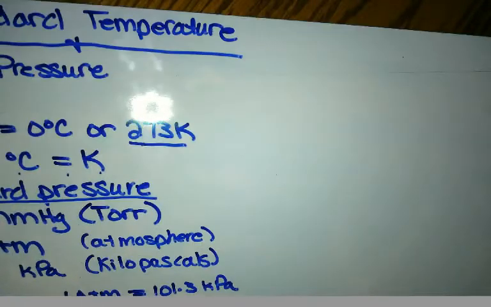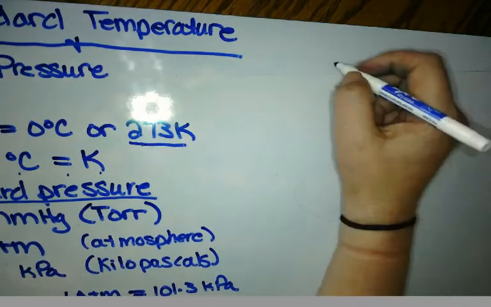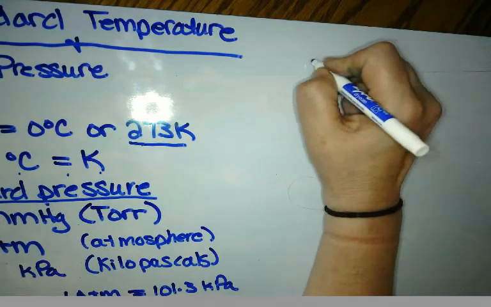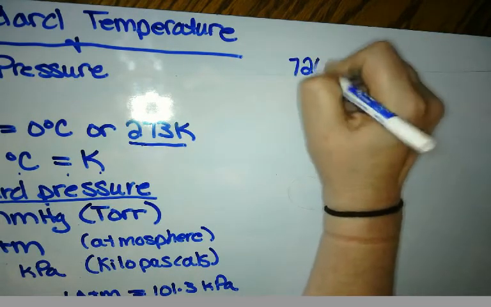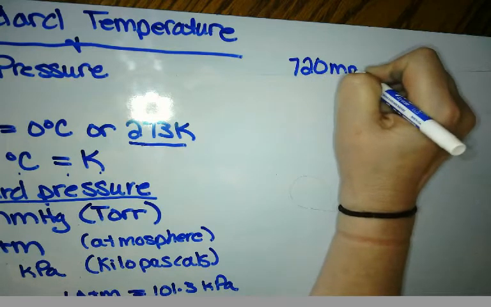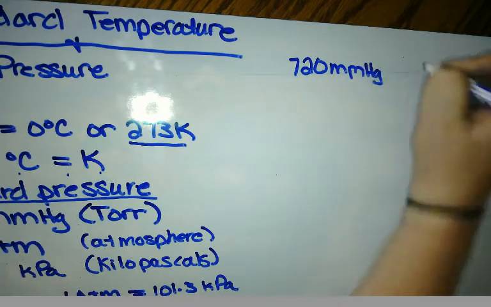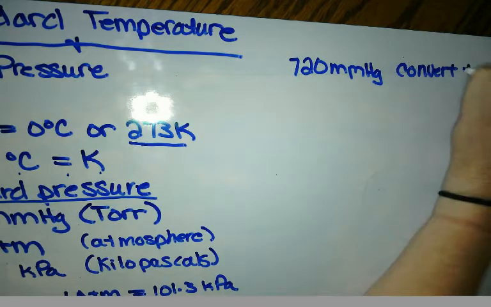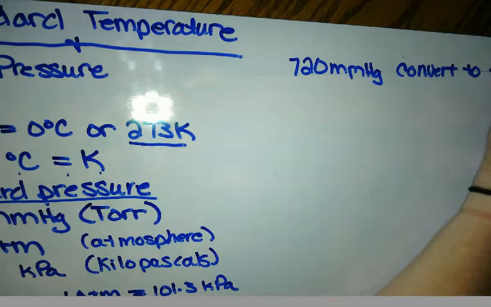So let's say that you have 720 millimeters of mercury, and you need to convert that to atmospheres. Okay? How would we do that?